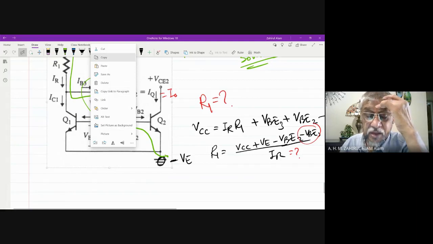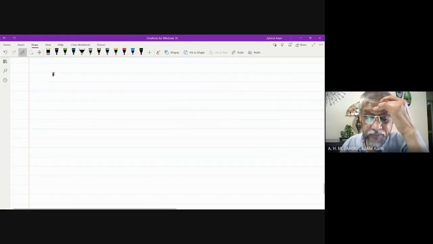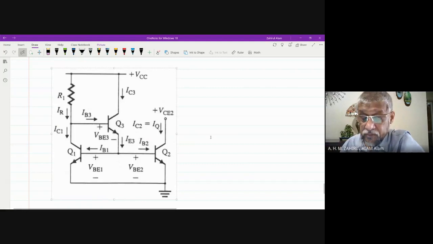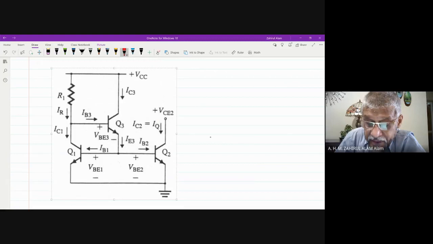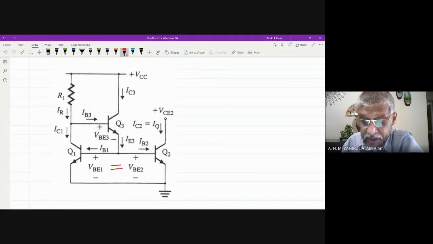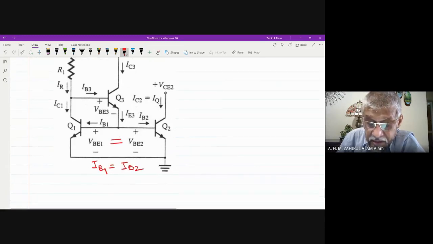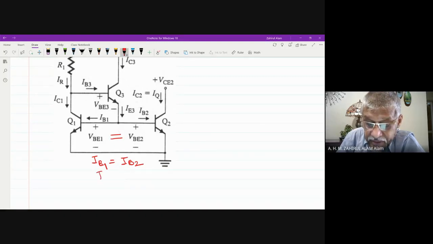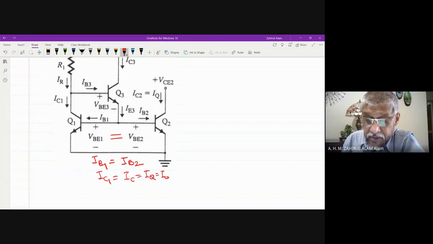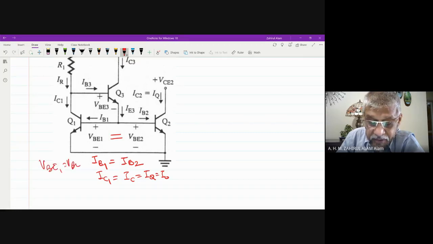So now we need to solve this one. Now again, it shows that VBE1 equal to VBE2. So therefore, IB1 equal to IB2. If IB1 equal to IB2, then IC1 equal to IC2, which is the output current or IQ, because VBE1 equal to VBE2.